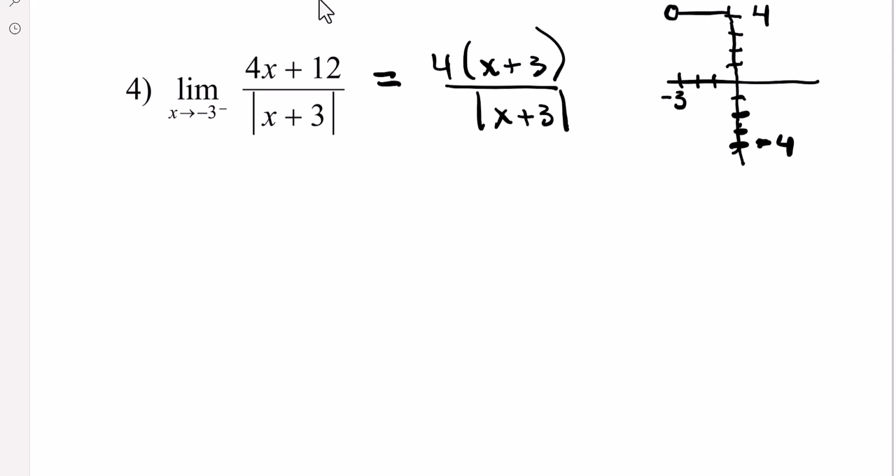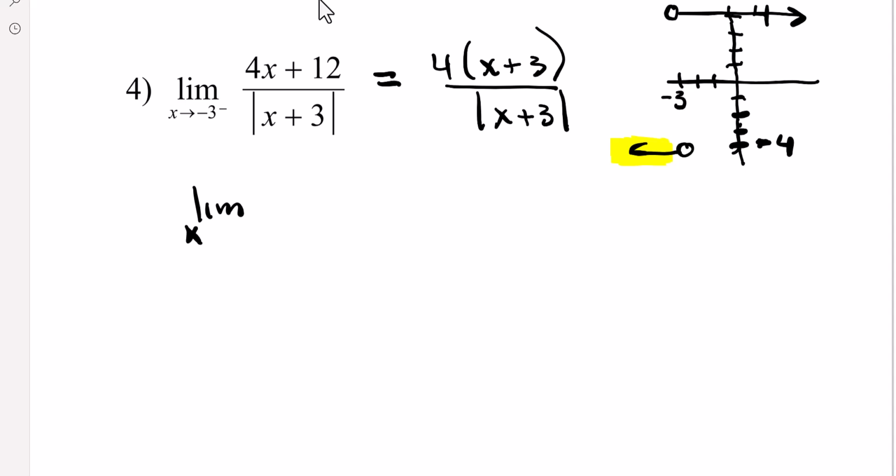And since this is positive, the graph is doing this. This is negative. And we're approaching negative 3 from the left. And the left is over here, and we're at a height of negative 4.